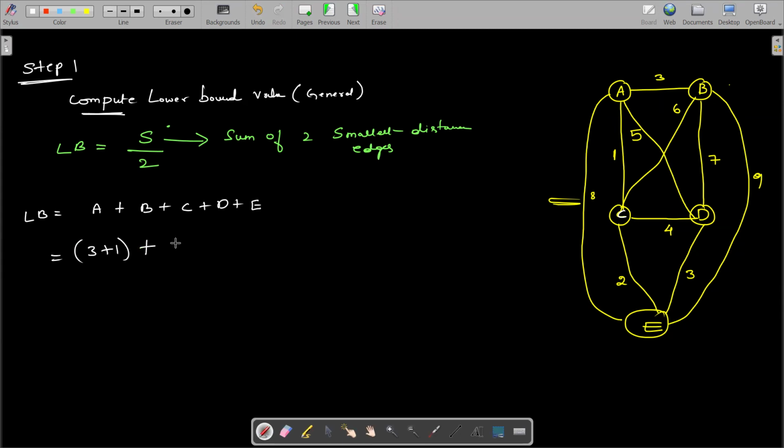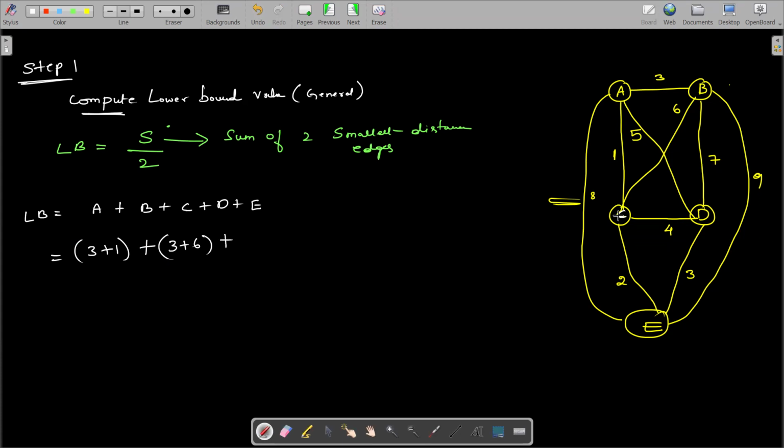For B, you take 3 plus 6. Why 3 plus 6? From B to A, B to D, B to C, B to E, the two smallest edges are one is 3 and another is 6. The other two are 7 and 9, both are greater. That's why I will take 3 and 6. Like this I am going to take it.